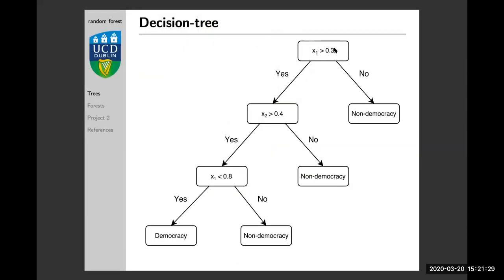If x1 is greater than 0.3, and x2 is greater than 0.4, and x1 is less than 0.8, then it should be a democracy. If x1 is greater than 0.3, and x2 is less than 0.4, then it's a non-democracy. So we can seal off these different routes to decide whether we have a democracy or a non-democracy.